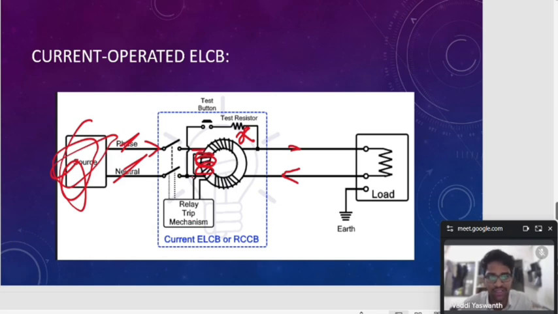This trip mechanism will turn off the main supply, and the leakage current will go through the earth. This is the working principle of current operated ELCB.